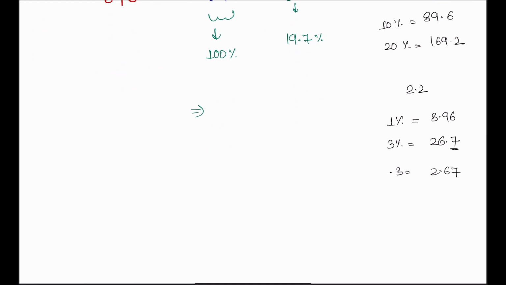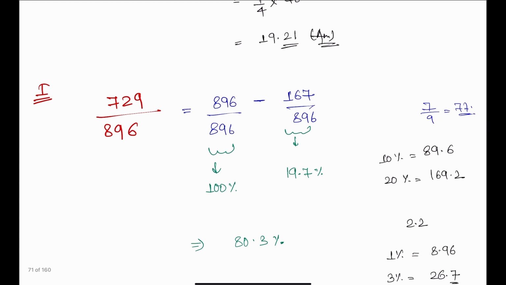Overall, if I remove 20, though it's 80, I am just removing 19.7. So it will be 80.3%. And if we use a calculator to confirm whether our calculation is correct or not, suppose 729 divided by 896, 81.36.